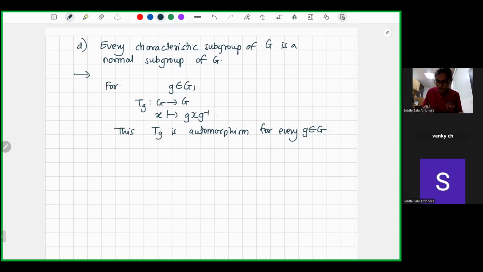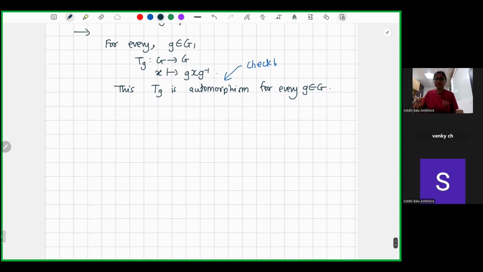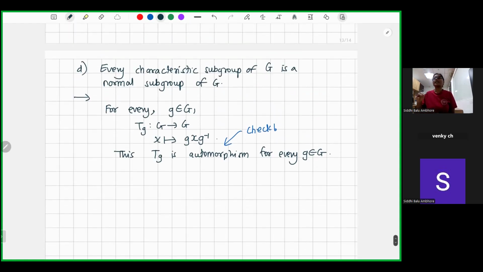For every g in G, this T_g will form an automorphism. Please check. It's easy to check, okay? You can obtain the inverse and so on. That's not a problem here.